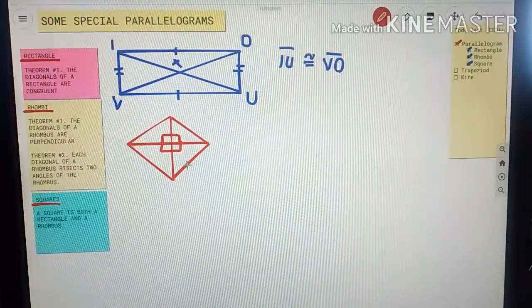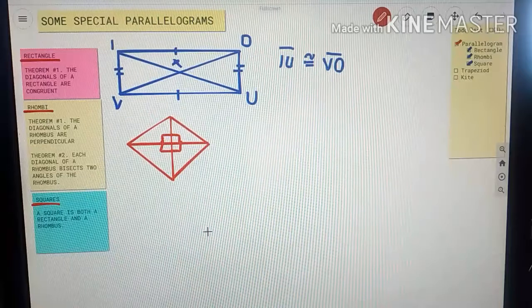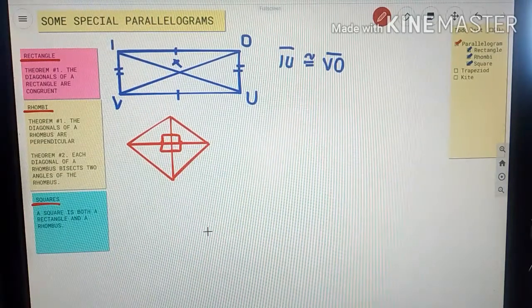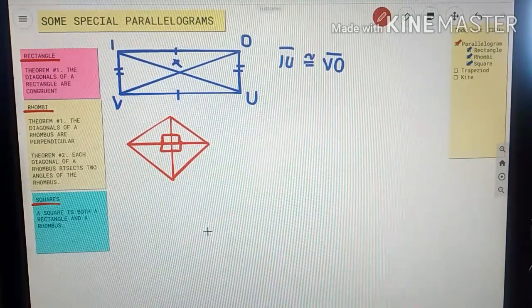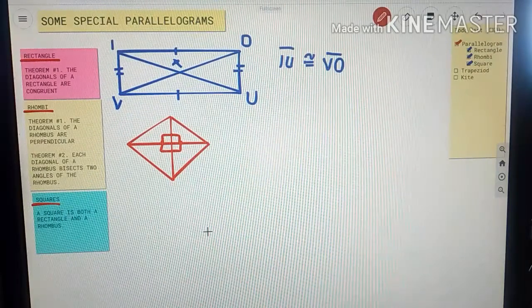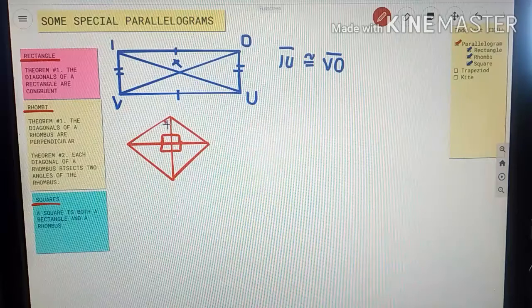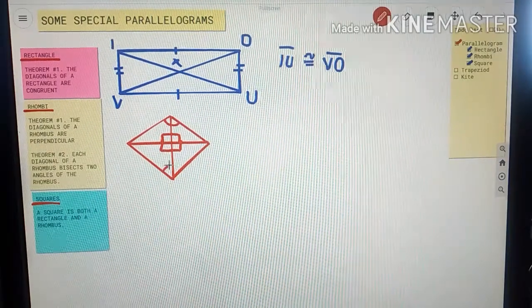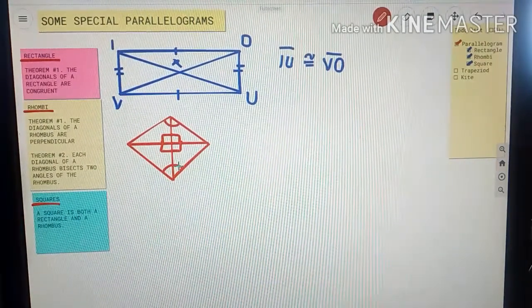Second, each diagonal of a rhombus bisects two angles of the rhombus. What's the meaning of that? So here, the angle, the angles bisect each other.